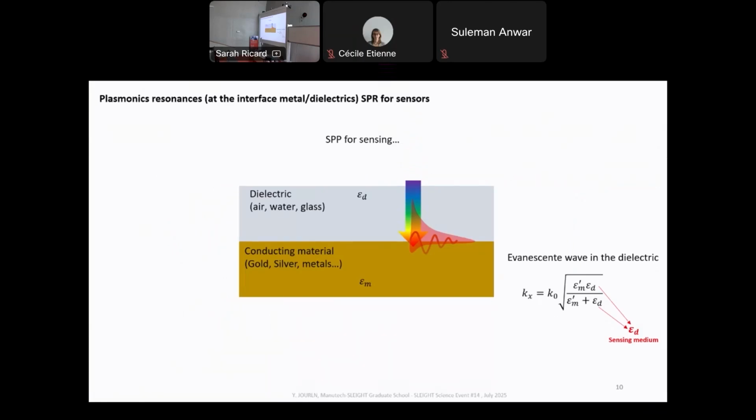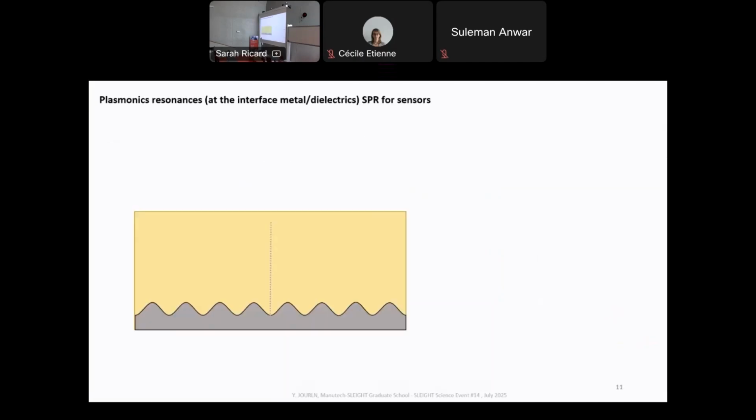So it is like an antenna, which will sense everything which will happen in this interface. The maximum is at the interface metal dielectric. It depends on the permittivity, so it's very good because we can change the permittivity. It will change the propagation constant of the plasmon, and it is what we use for sensing.